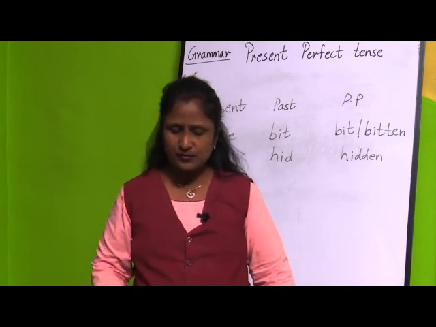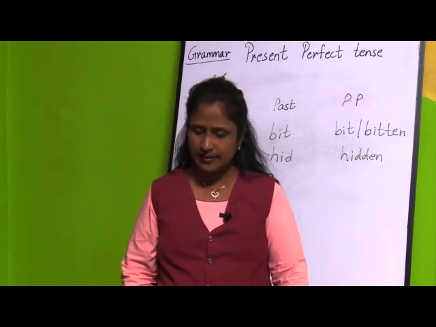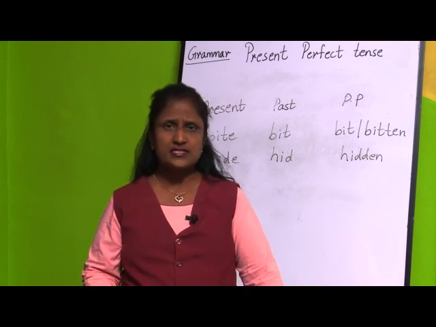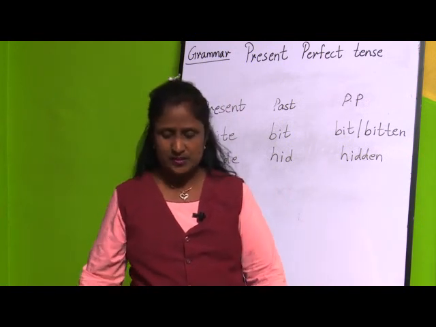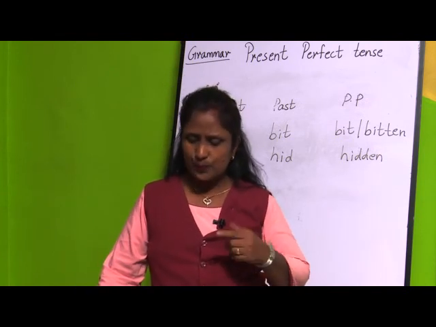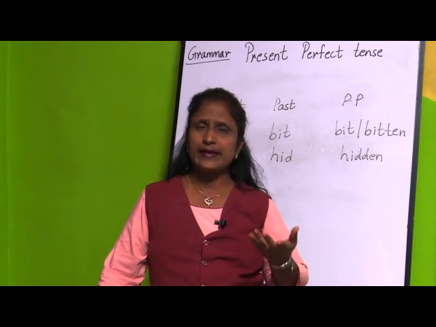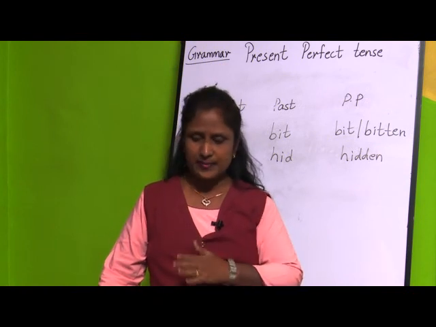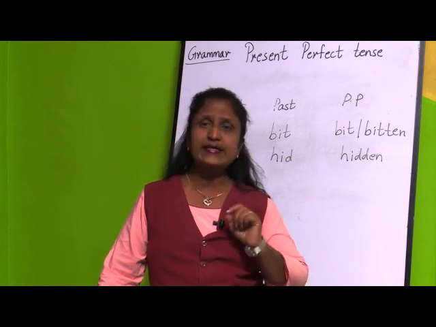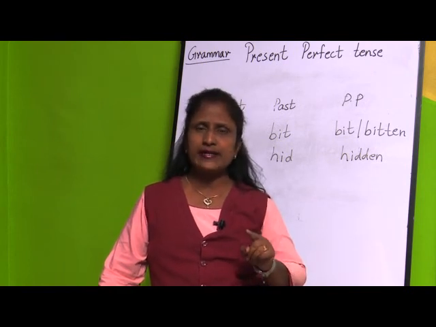And here some of the cases are there for how we are going to form the past tense and past participle. So, first, we have to add ed to make it past tense or past participle. Second case was what? We have to add only d if the word is ending with e.